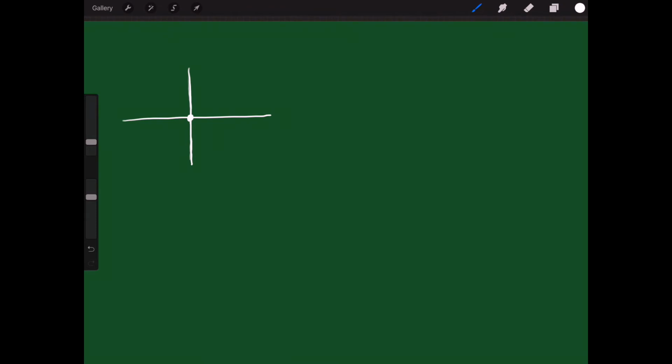And then let's say that it goes out 3 and up 2. And I draw this vector. Let's say I call this the vector u. And so I might write this as ⟨u1, u2⟩.